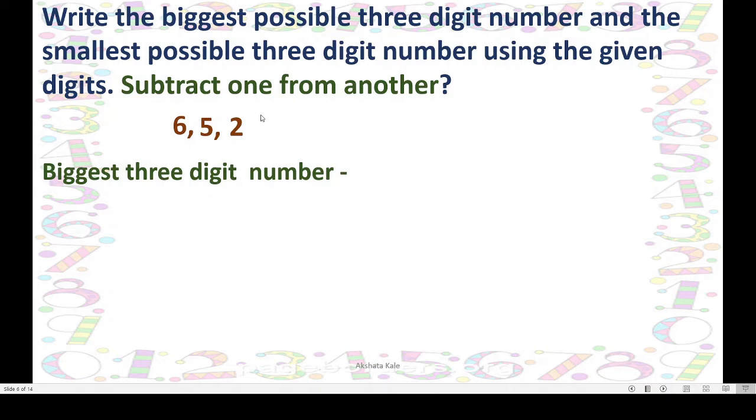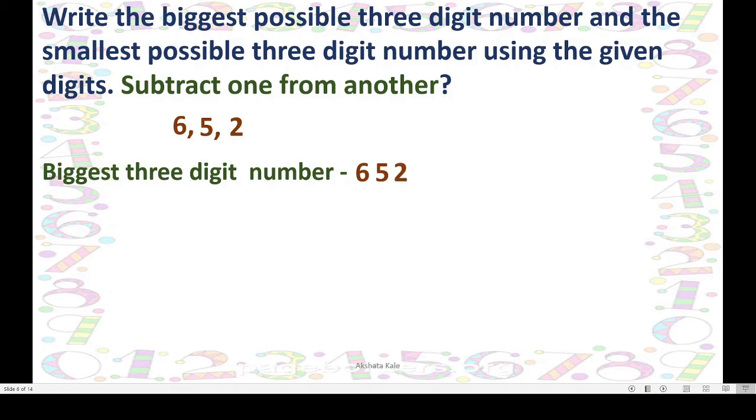Here one technique is there. While writing the biggest 3-digit number from the given numbers, always we have to follow the decreasing order. Means we have to choose the first biggest number among these 3, that is 6. Then the smaller one, that is 5. And then the smallest one, that is 2.